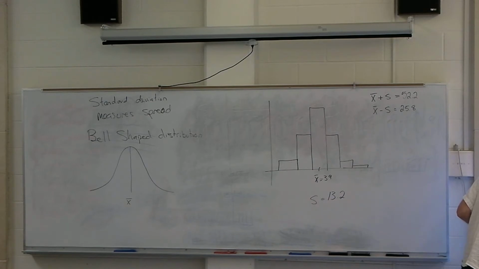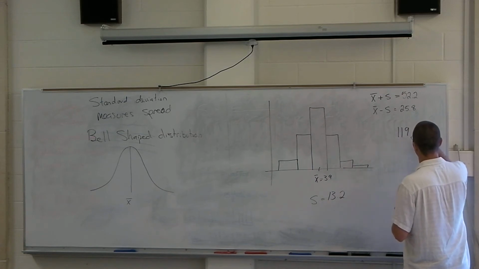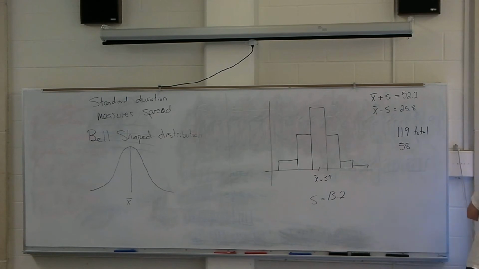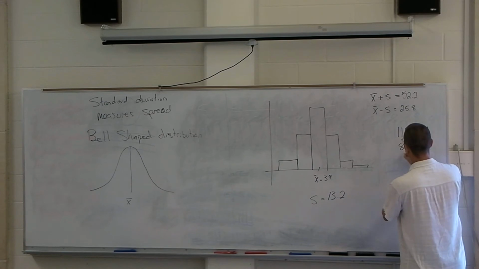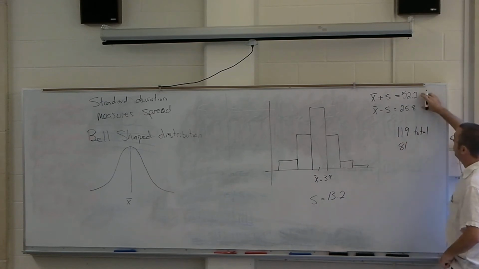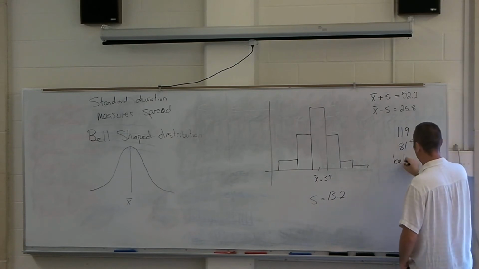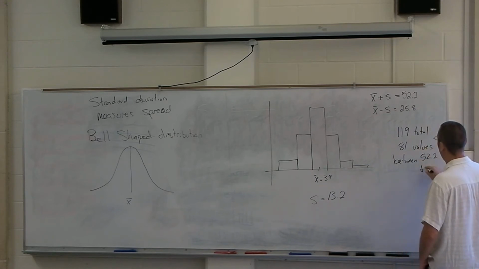If we look at how many teams fall within these categories, so 119 total, 81 of the teams fall within these two values. 81 values between 52.2 and 25.8.